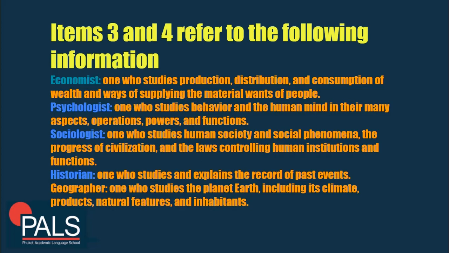Sociologist, one who studies human society, social phenomena, the progress of civilization, and the laws controlling human institutions and functions. And lastly, historian, one who studies and explains the record of past events.